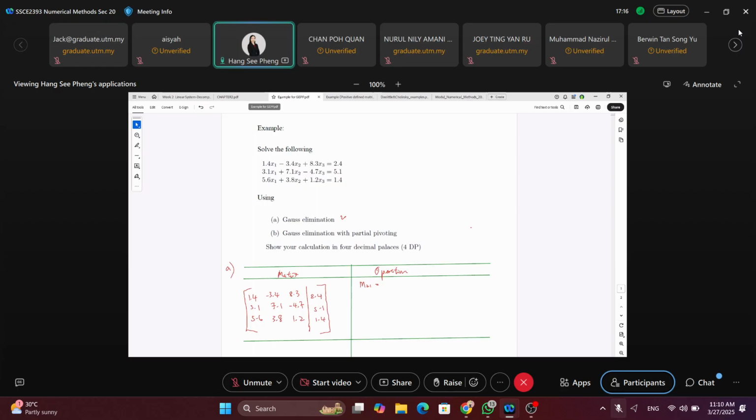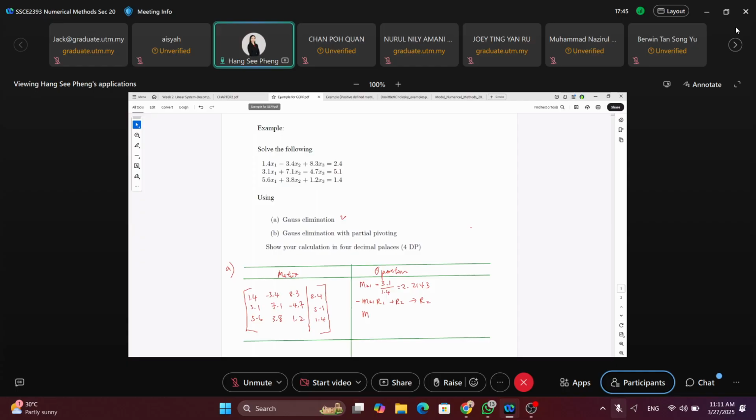A21 is 3.1, divided by 1.4. Then we perform the operation: minus M21 R1 plus R2, and we get the new R2.